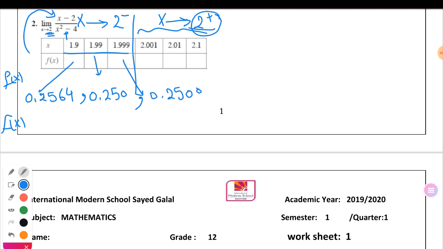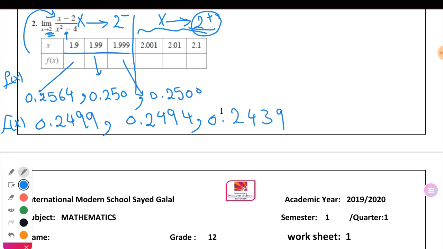By replacing, it will be 0.2499, then 0.2494, and the other one, 0.2439. That is the first step: just replace the values of x in these two sets of values into the function.